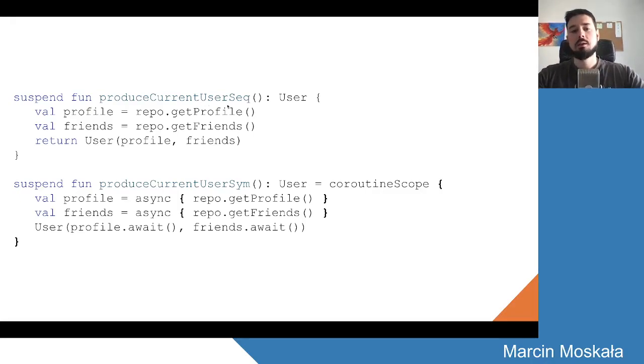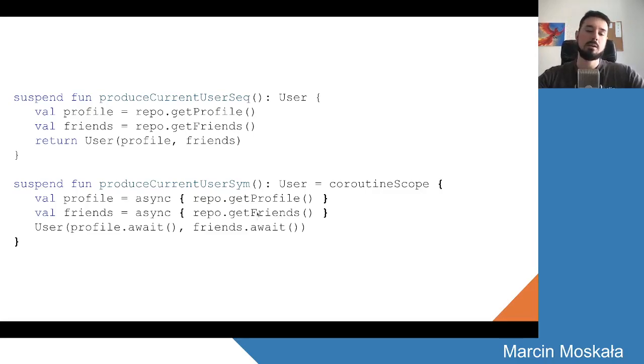So imagine that you start this function, you try to get profile, but you have an exception. In such a case, you will never try to calculate friends. The same in here, but in this case, you calculate those two things at the same time. So you start those two processes at the same time.